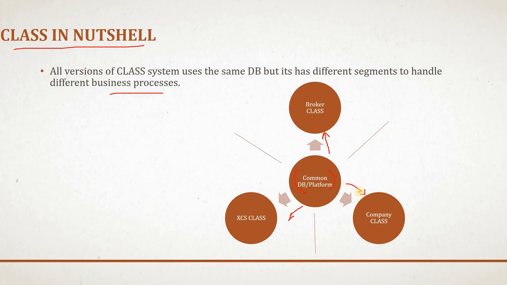They use the common infrastructure and common database. So it's the same system, same UI, using the same infrastructure and same database, but having different functionality for broker, for XCS, or for company, within company, ILU and LIRMA.